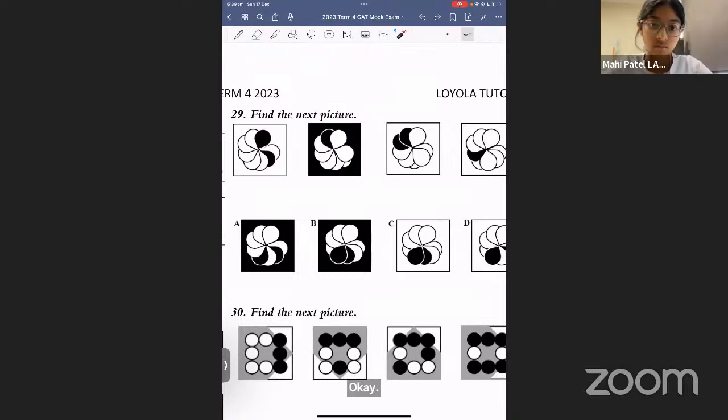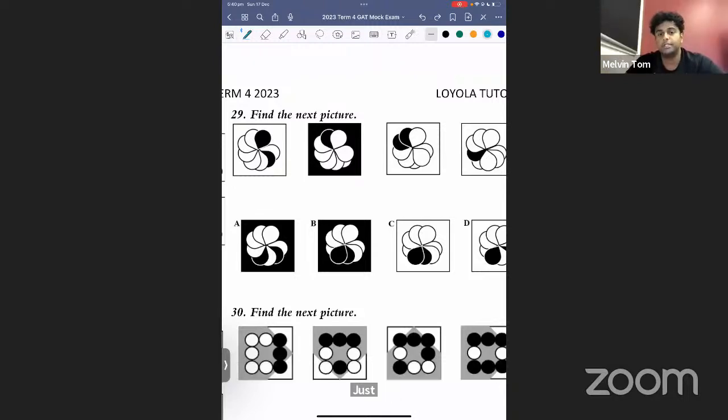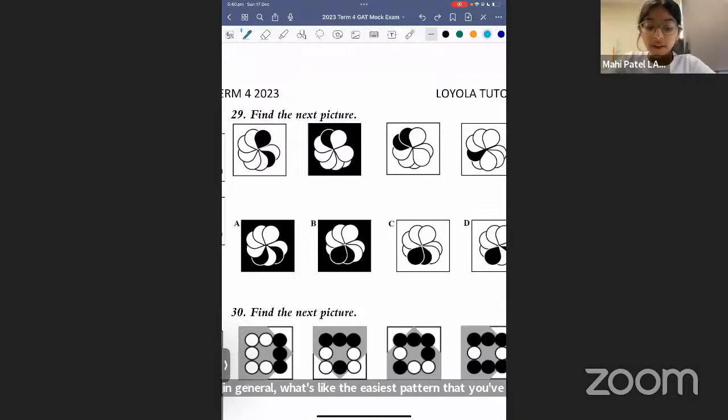So, you know how I mentioned that one has to be an easy pattern. Now, what's the easiest pattern that you know, Mahi? Are you talking about question 29? Just in general, what's the easiest pattern that you've seen? The basic one that I've seen is like 1, 2, 3, 4.